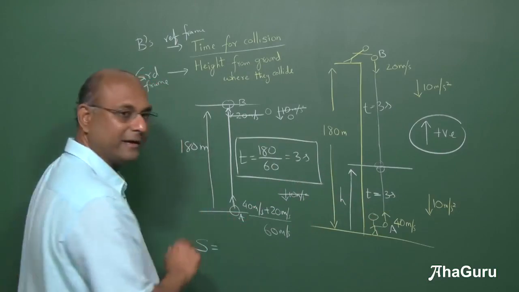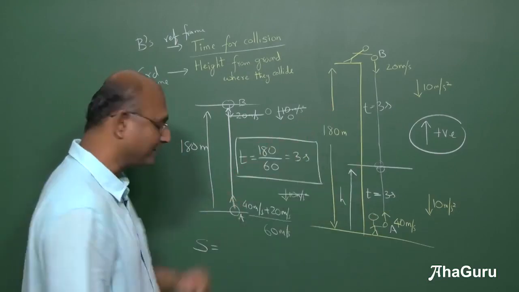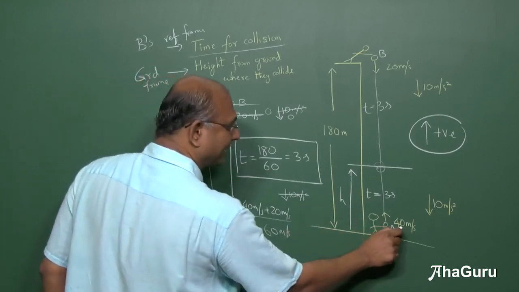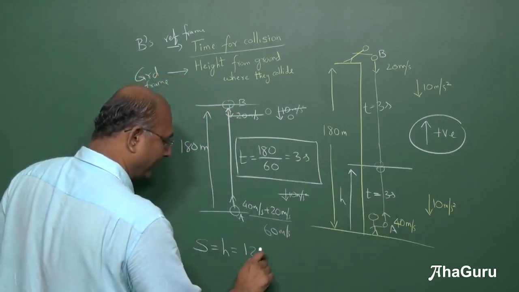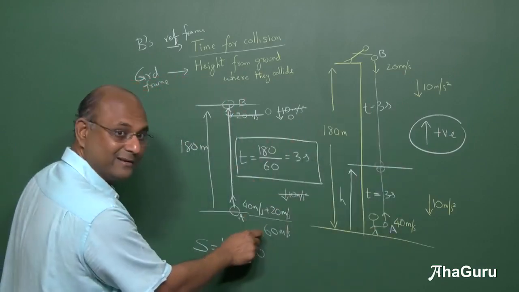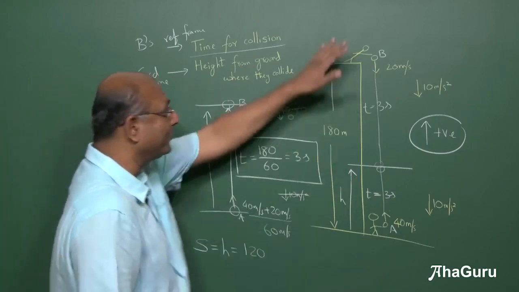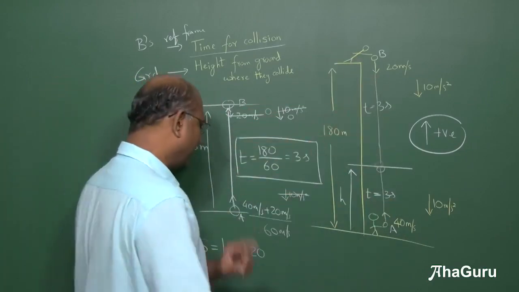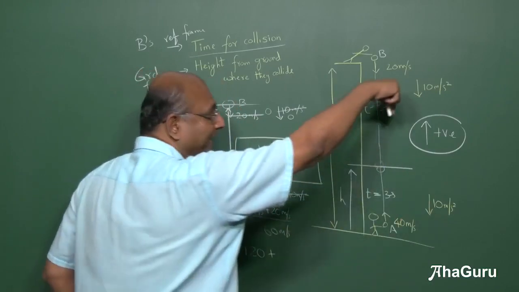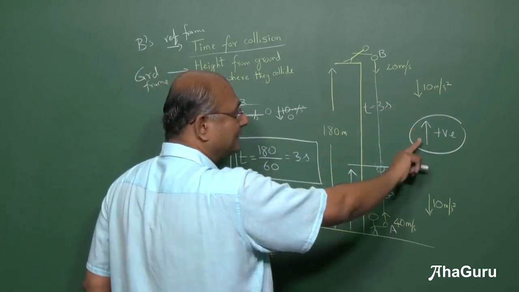So let us write it down here. S, in this case, is H. H is equal to ut, 40 into 3, 120. It is plus because it's upward direction. Don't use 60 because 60 is relative to B. I am looking relative to the ground. So 40 into 3 plus half into a, but remember a is downwards whereas plus is up.